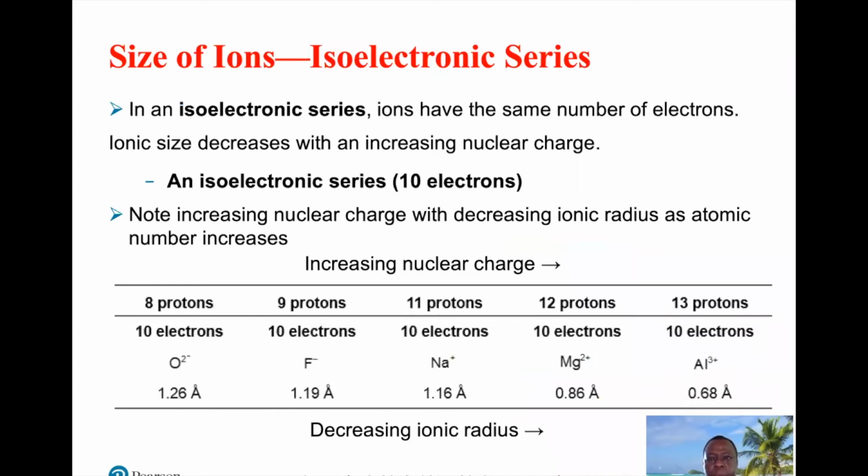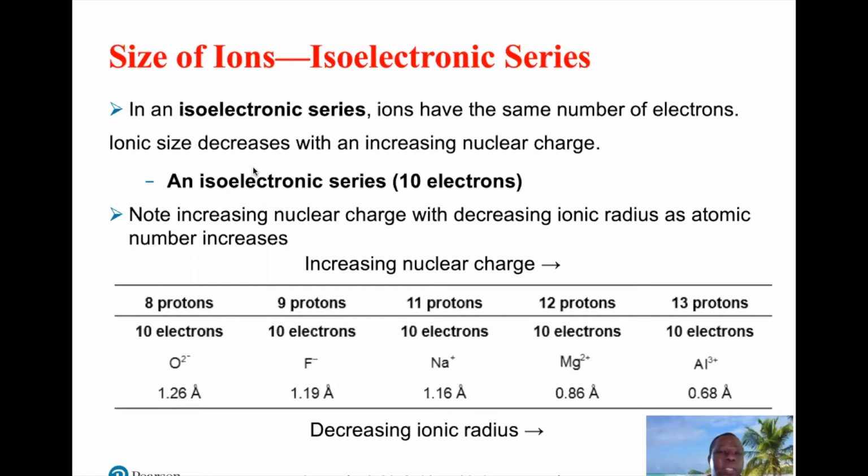There is a term here which you need to recall. This was in Introduction to Chemistry. If you recall, isoelectronic. What does isoelectronic mean? Isoelectronic series are series of elements, which could also include ions, with the exact same number of electrons.